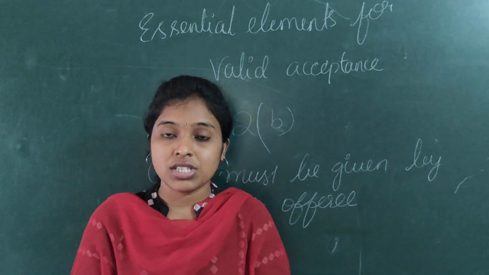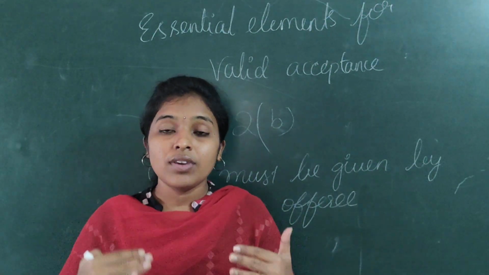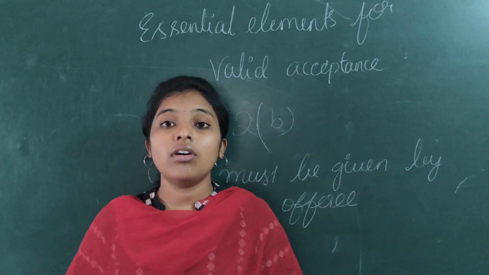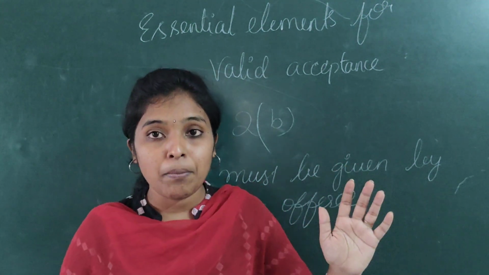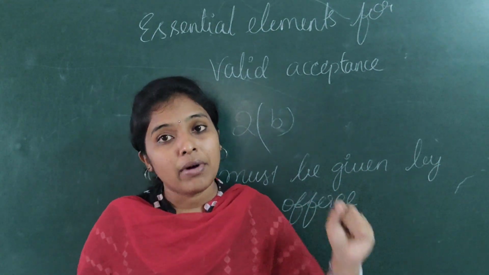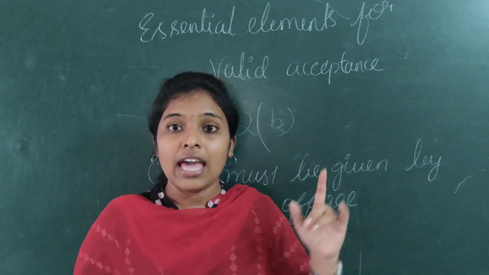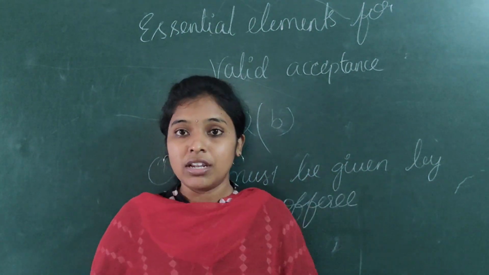So this is the procedure. Without the offer and without the acceptor, we cannot have any agreement or any contract. That is why acceptance is important. The acceptance must be given by the acceptor only. Acceptor, promisee, offeree, these 3 are similar words.